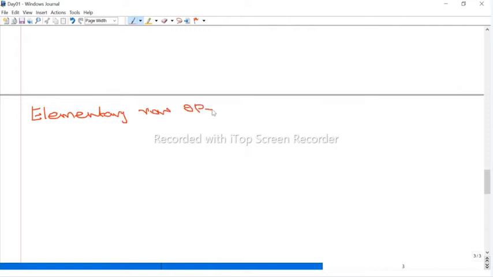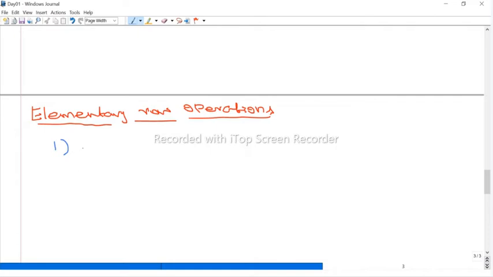In a matrix, we perform operations, and these are the elementary operations. The first kind is that we multiply a non-zero constant throughout a row.